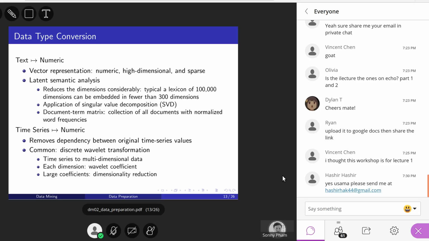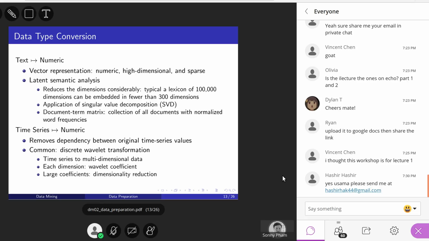I'm not sure if any of you are familiar with that, but it is a technique in linear algebra that can identify principal variations in the data and then project the data to these principal directions. And we also have a document term matrix, which is basically a collection of all documents with normalized word frequency, right?